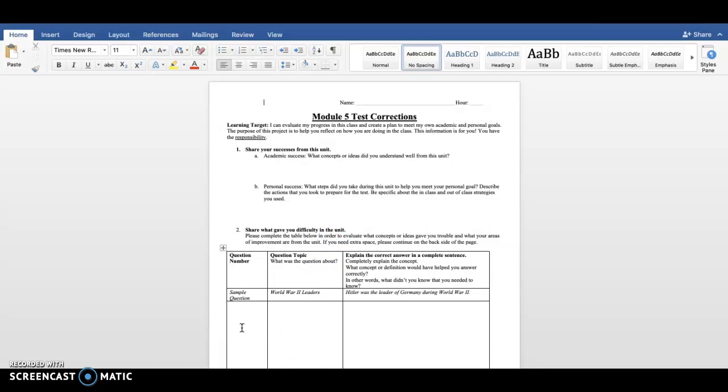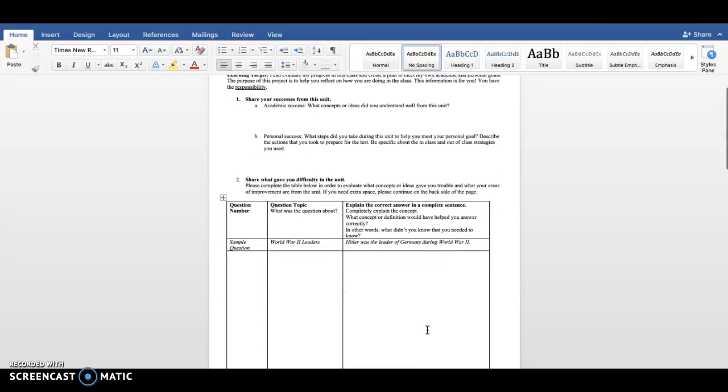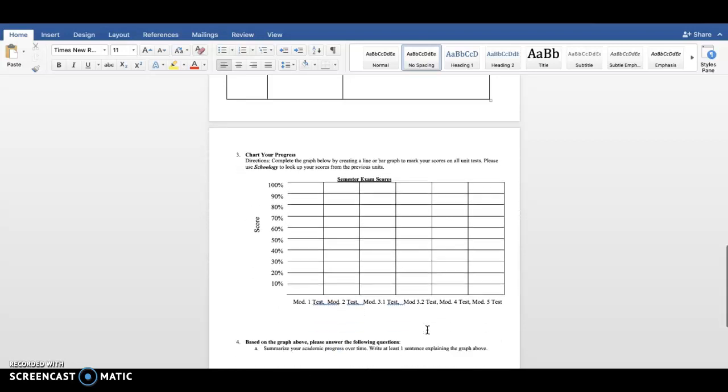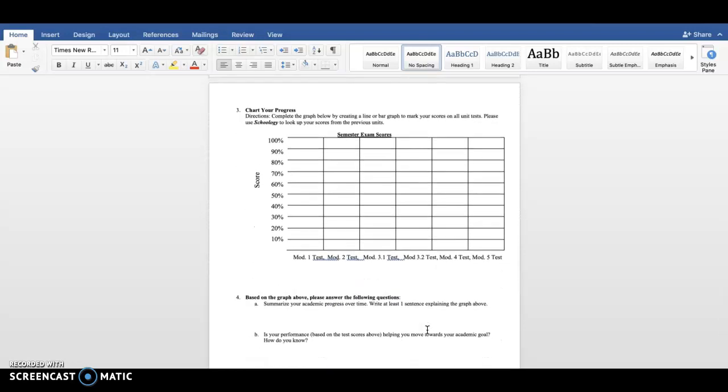Then is a section where I ask them to do corrections. So question number, question topic, explain the correct answer, which they need to typically find in their notes. So that's the start of the process. Then comes the chart your progress. So I actually have them graph what their scores are for each of the tests.